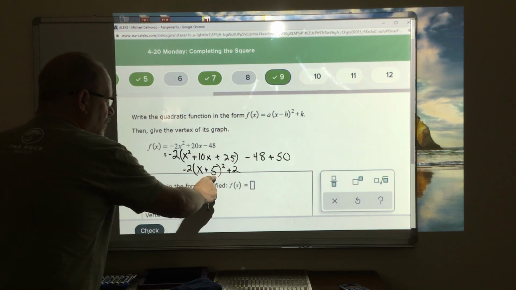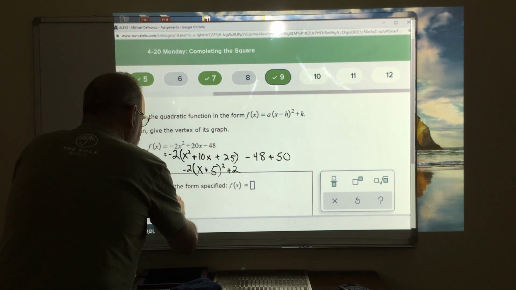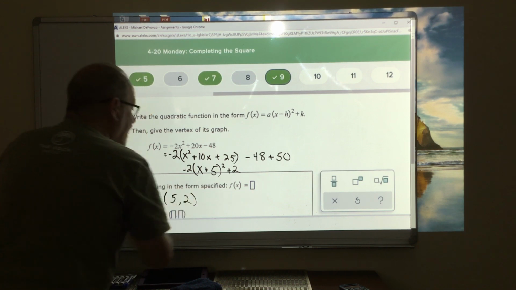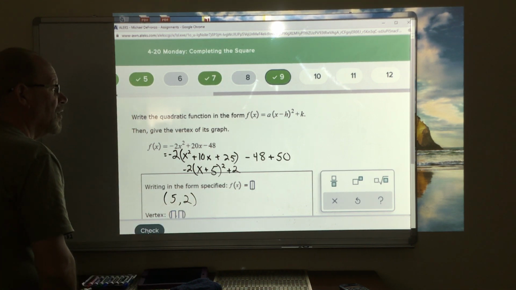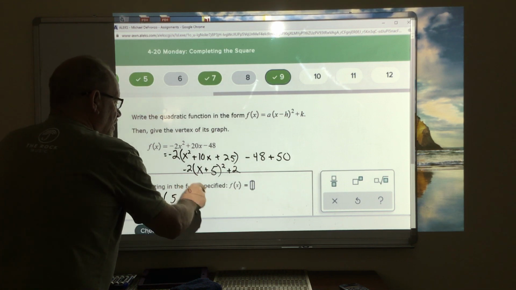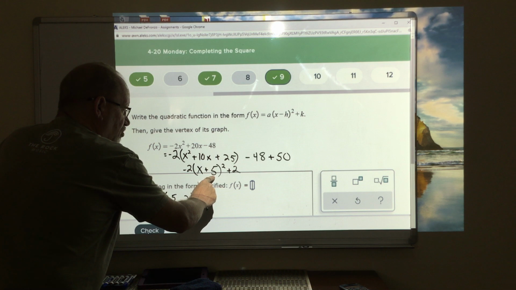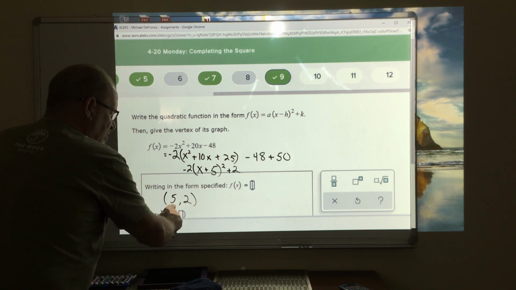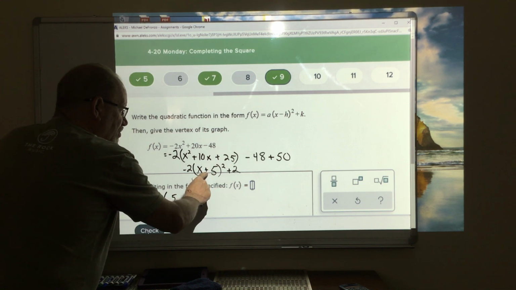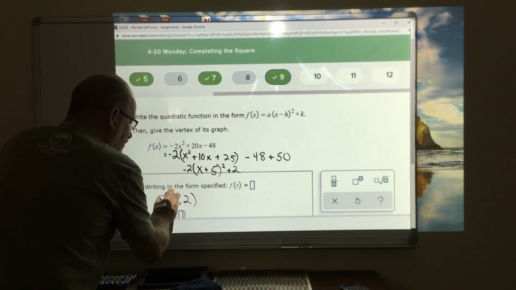which means my vertex is at, some of you are saying 5, 2. What's your mistake there? Well, your mistake is that this is x minus h if you want this to be h. So I'm subtracting negative 5.